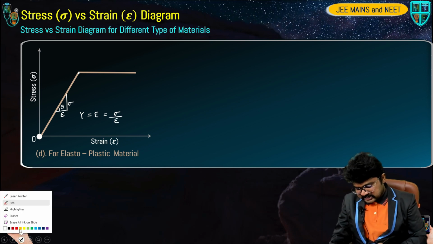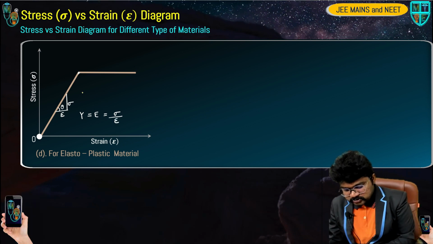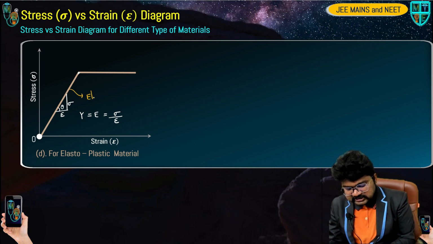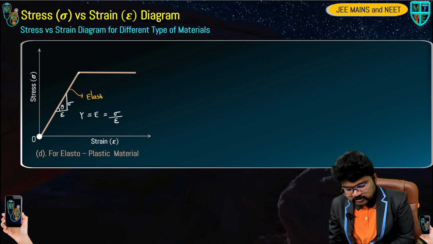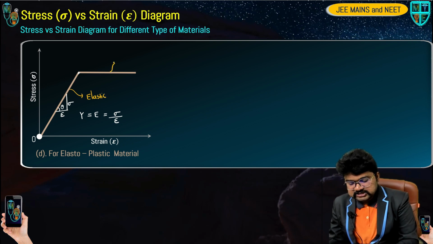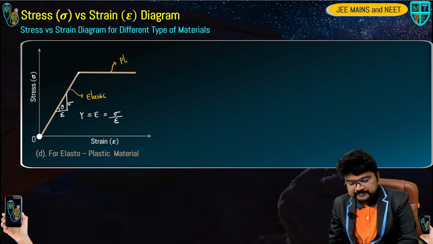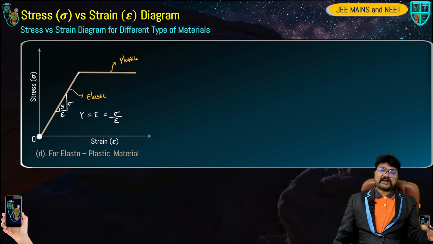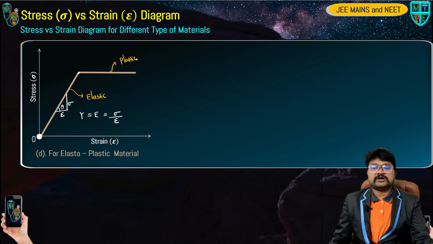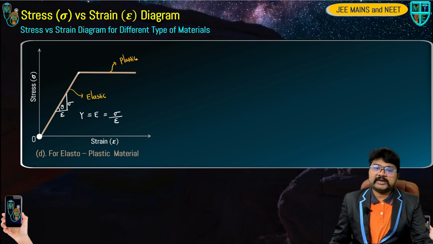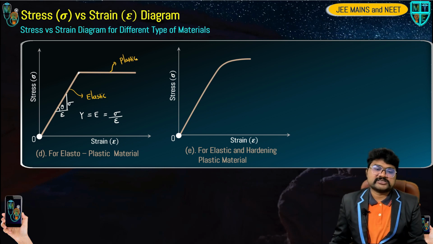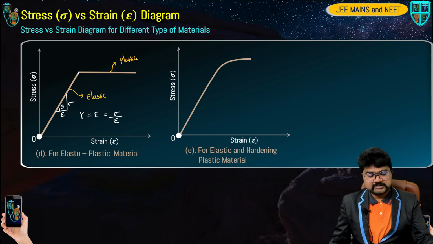Up to here it behaves as perfect elastic. This is plastic, the plastic curve, a line which is parallel to the strain axis. That is the elastoplastic material.